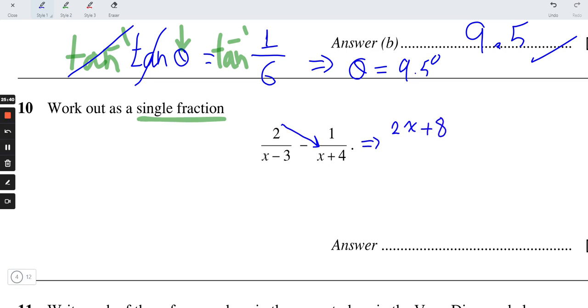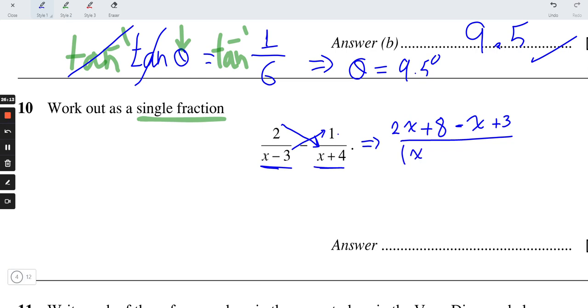Now 1, for sure minus, that means minus 1 times x is minus x. Minus 1 times minus 3 is plus 3. If you are not mastering multiplying with different signs, you can use your calculator in this case. So divide by x minus 3 times x plus 4.